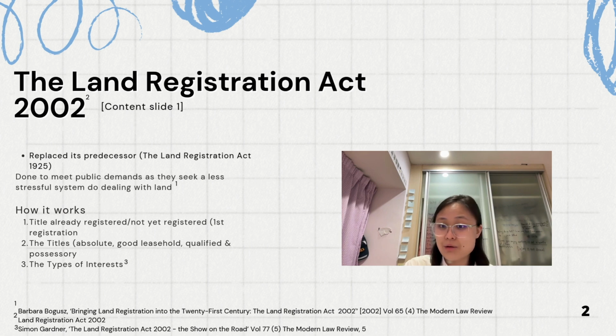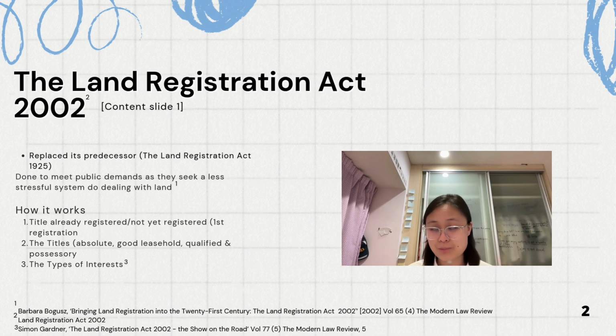I will now explain the brief structures that will be applied when you register your land. First, if your title has already been registered, then according to section 58, your entry on the register will be conclusive.